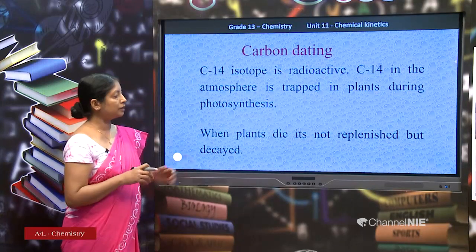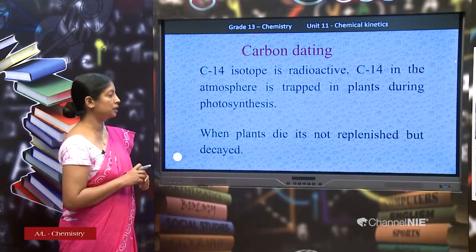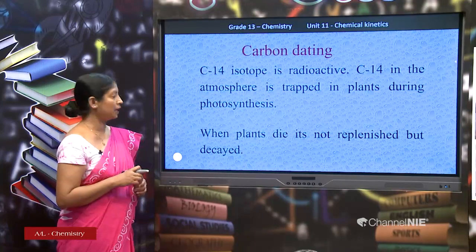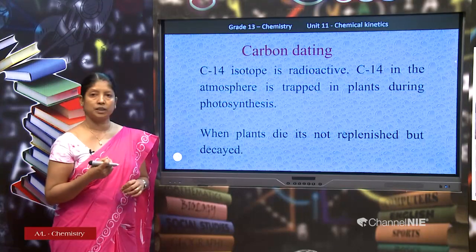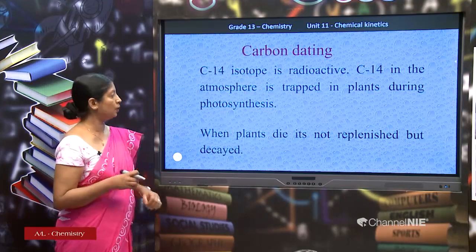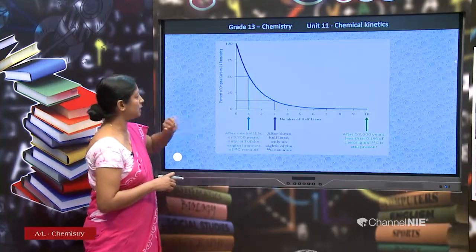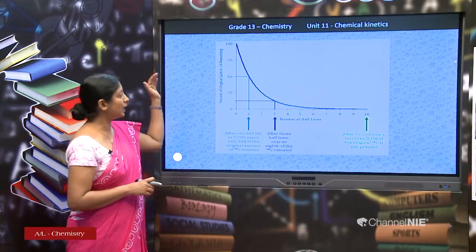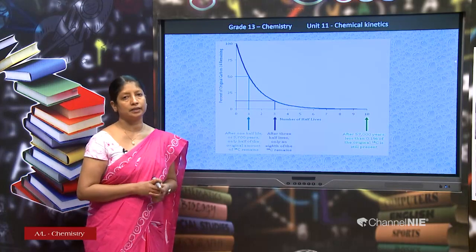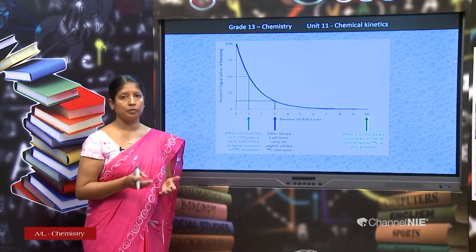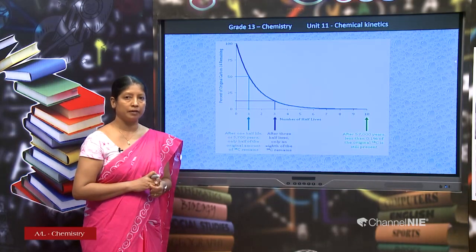And once the plant dies, this carbon 14 does not replenish from the atmosphere, instead it will decay. That means it will come to a stable isotope by emitting beta particles. So, then this decaying of C14 is a first order reaction. Now, already we came to know in a first order reaction half life is a constant.